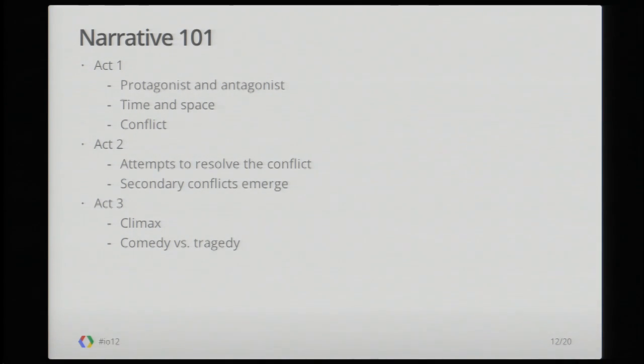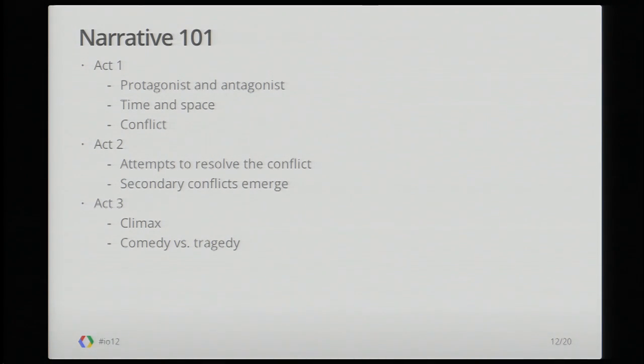Then Act 2, which is usually the main bulk of the story, are the different attempts of the main character to address that conflict, the grand challenge that he must overcome. Often the big conflict is derived into many smaller conflicts. And then in Act 3, you reach the climax.